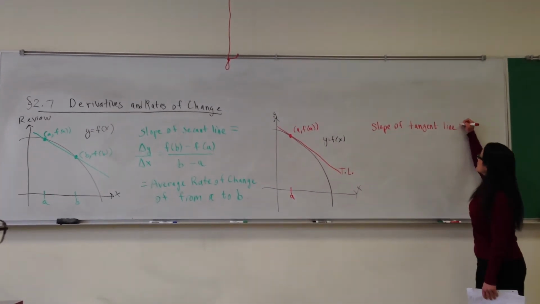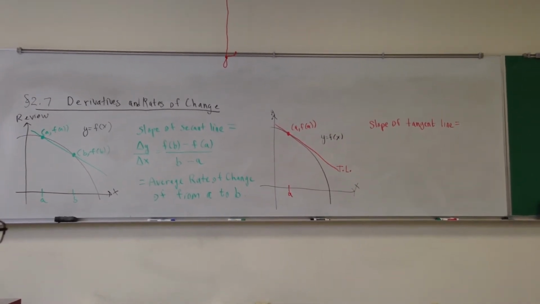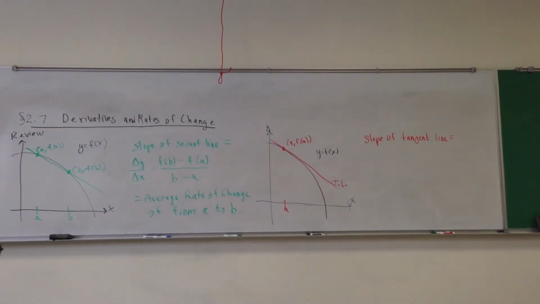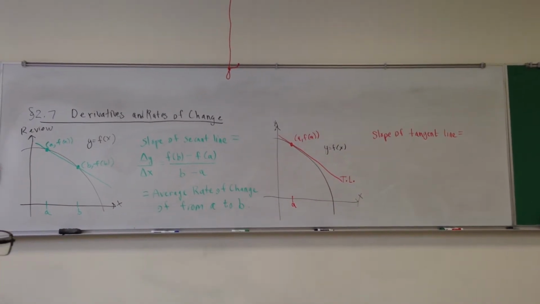So the slope of the tangent line, how do we define that now? Instantaneous rate.